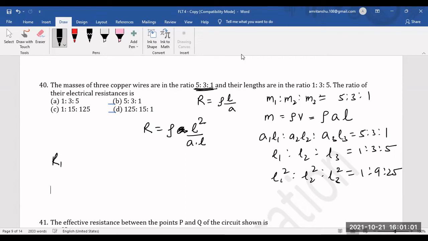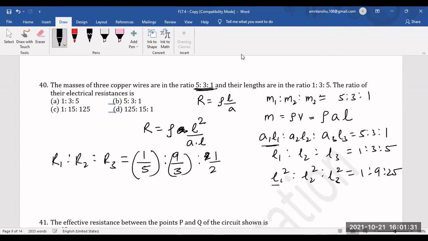And so resistances R1 is to R2 is to R3 can be written as L square upon A1 L1, because rho is going to be constant for this copper wire.